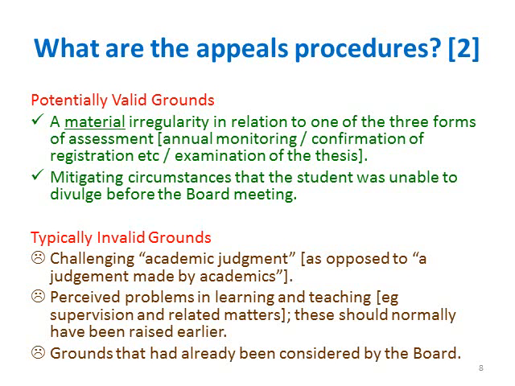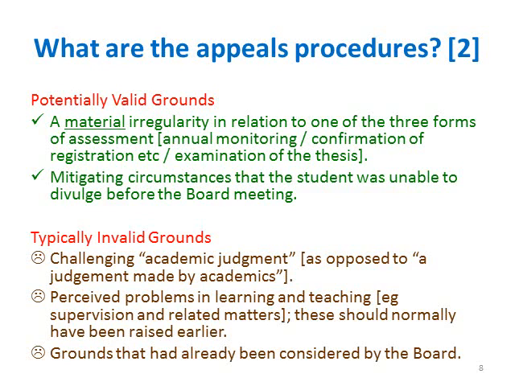And this final slide really talks about the possible grounds for an appeal. I put at the top of the slide grounds which are potentially valid, and then grounds which are typically not valid. So the first ground is a material irregularity in relation to one of the three main forms of assessment, which is annual monitoring, confirmation of registration, and examination of the thesis.